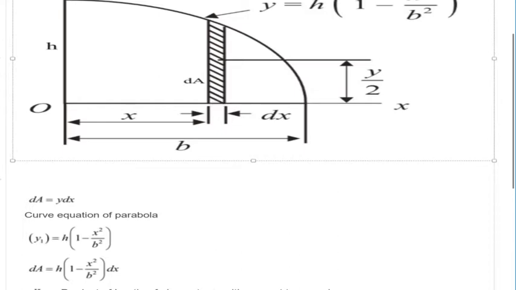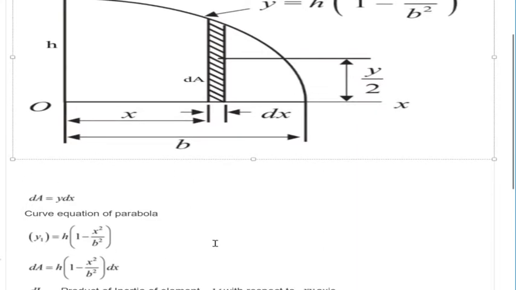Okay, so now what we do is add the parallel axis shift to this equation that we have here. In order to do that, we're just going to do the following.